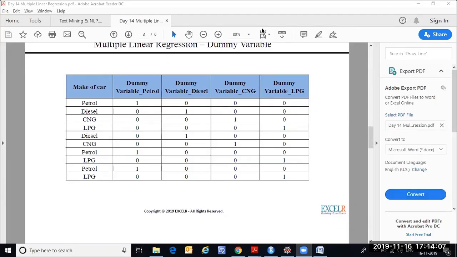Let's say you have a variable called make of car of 4 classes: petrol, diesel, CNG, LPG. That's the right way of converting them into having a dummy variable for each class and represent whichever the record has got that value as 1, otherwise 0. This is the right way of representing.